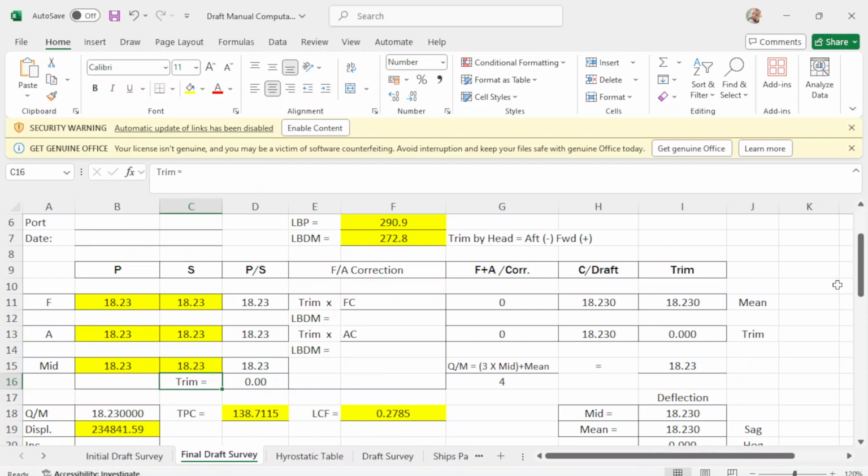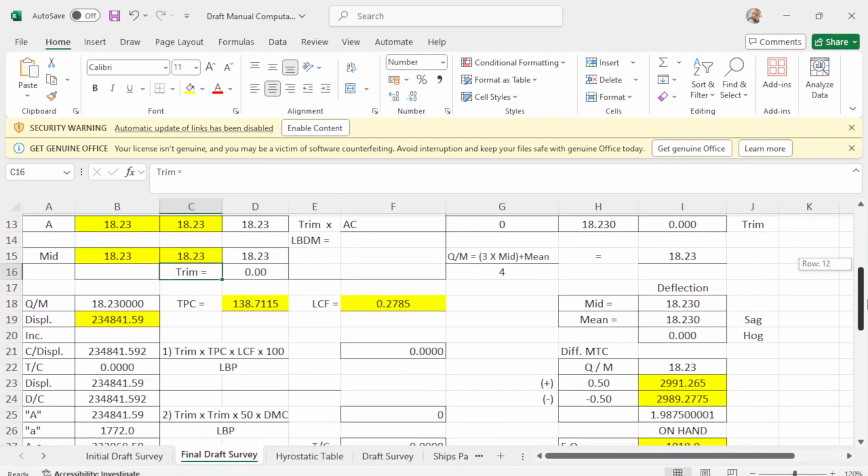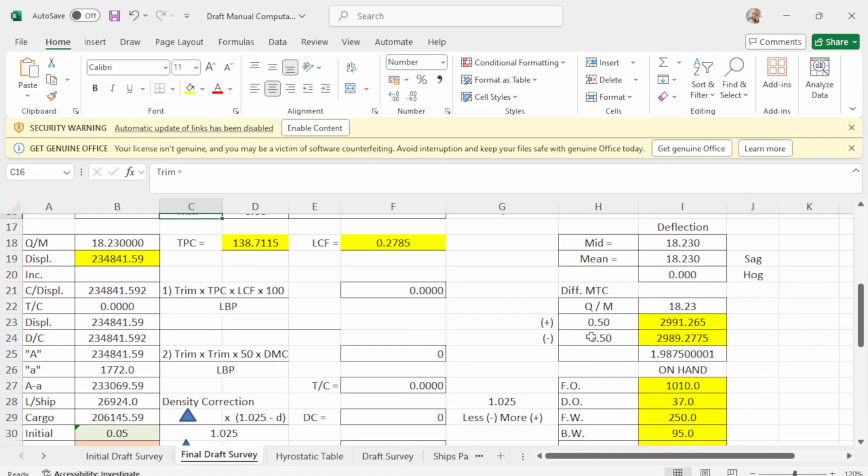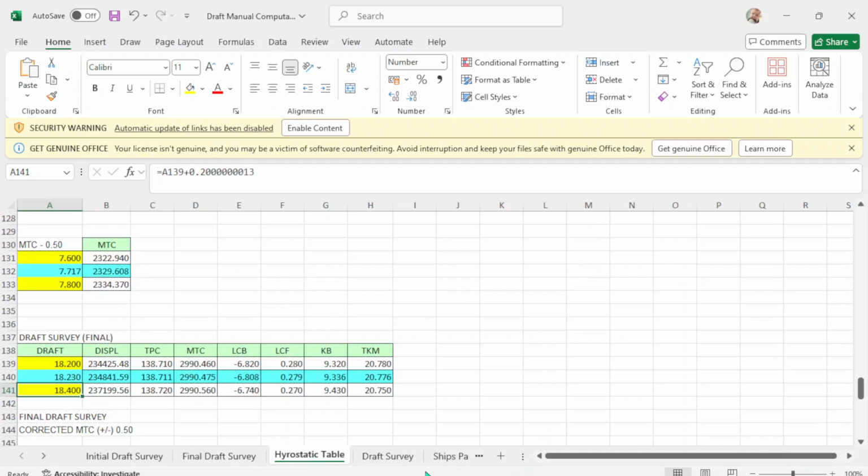Okay, let's scroll down. You want to check the MTC. The quarter main plus 50 should be 991.265. Okay, that will be the final.